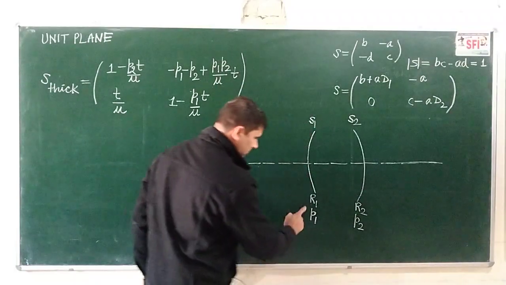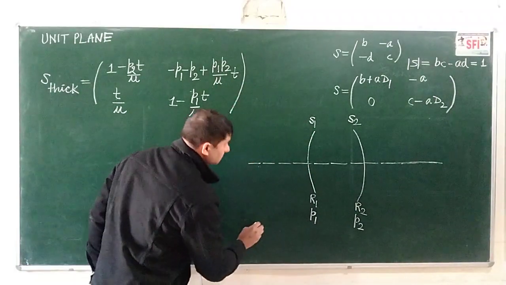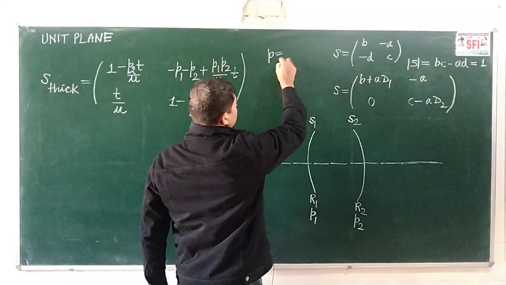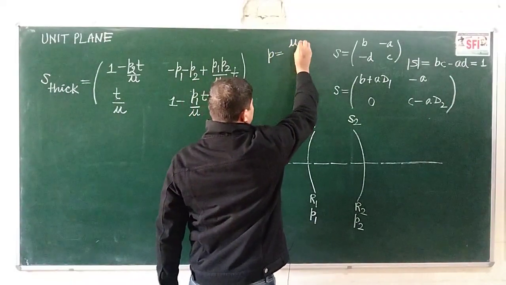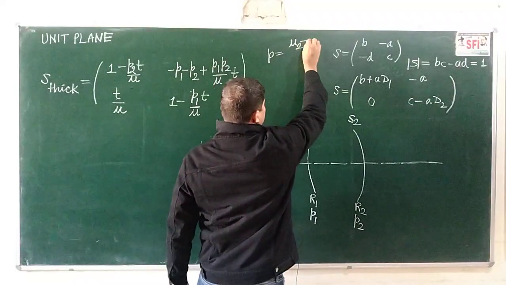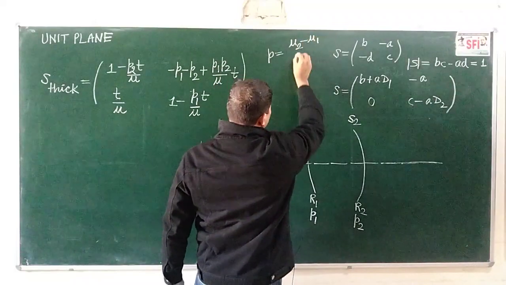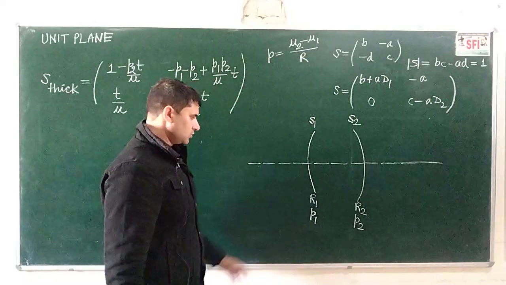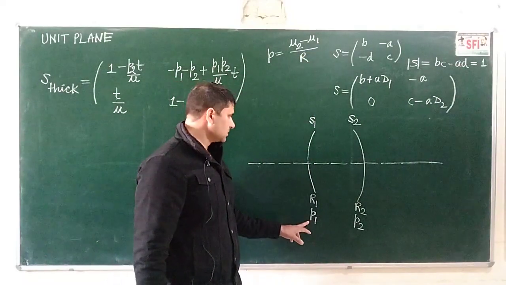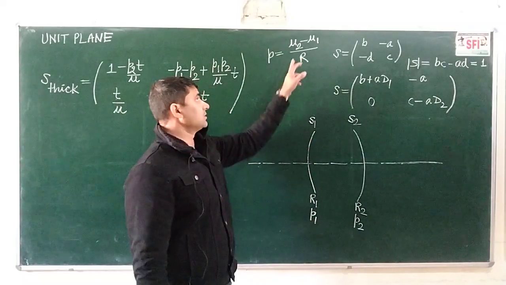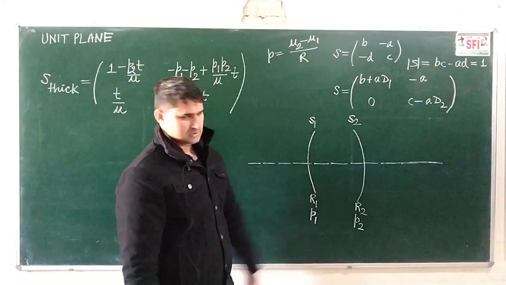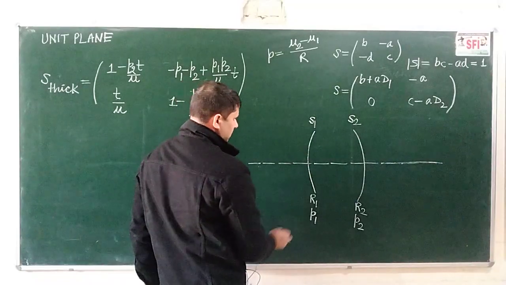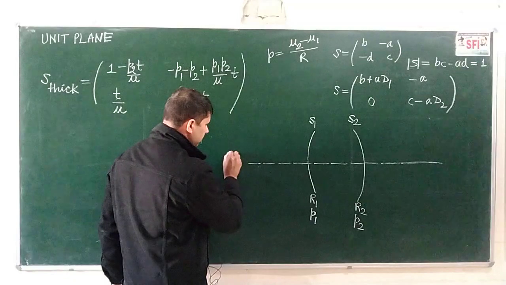Power and radius of curvature are related by the formula: power is refractive index of second medium minus refractive index of first medium divided by radius of curvature. So the power of the first refracting surface will be mu minus 1 over R1, as you have seen in the previous lecture. This thick lens is placed in air medium.